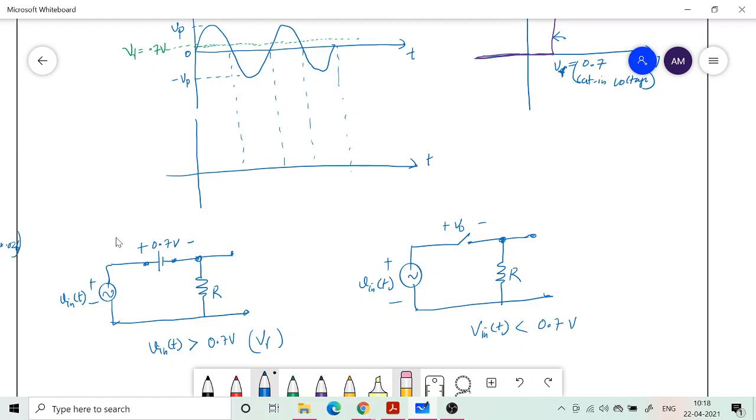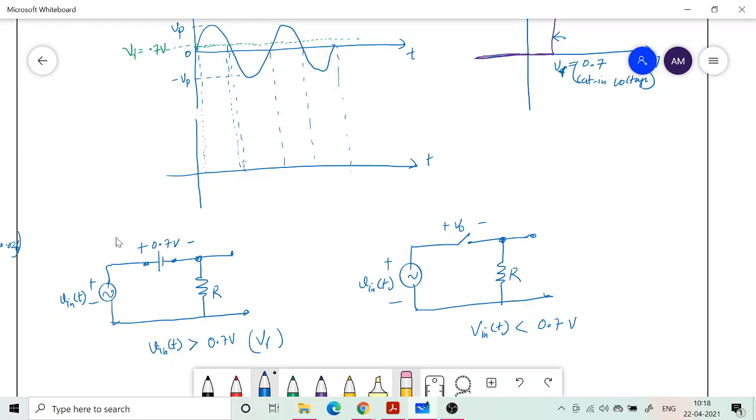Now let's come back to the output. So the difference is that the positive half cycle at the output does not start at 0, but when the input voltage is crossing this.